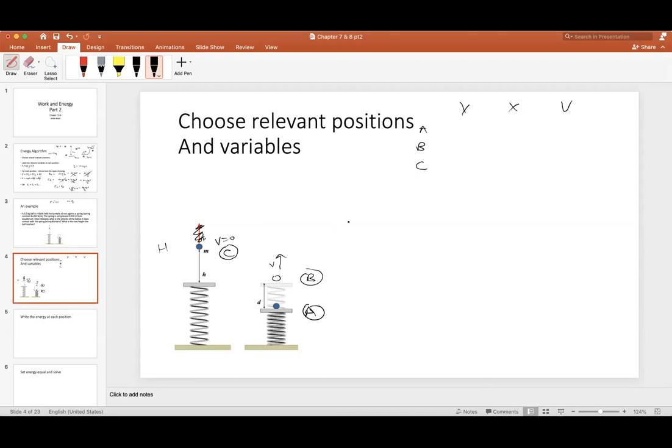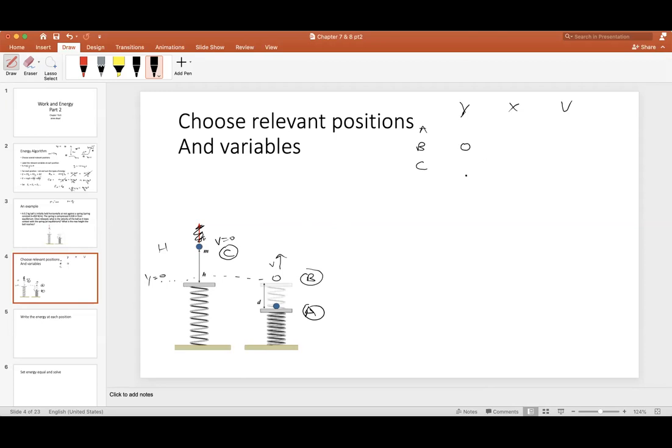Where do we want to put Y is equal to 0? What I'm going to do is call, when this thing's at equilibrium, this is where my Y is equal to 0. I can choose Y to be 0 wherever I want, as long as I'm consistently measuring for A, B, and C from that 0 point. So when it's at B, I'm going to say Y is 0.